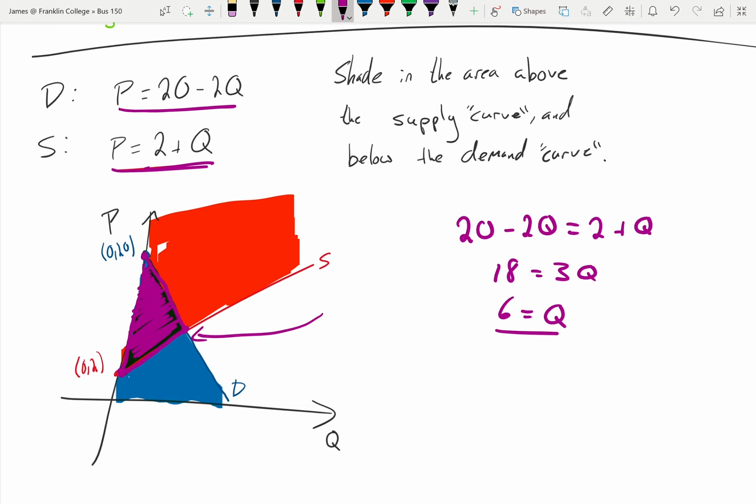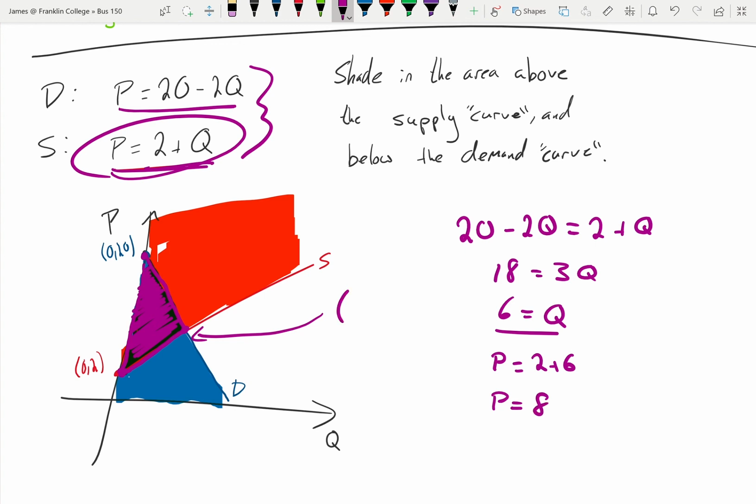We're going to then plug that back into one of these two equations to solve for the P value. This one looks like it's a little bit easier to solve. So at Q equals 6, we know that P equals 2 plus 6, or P equals 8. So we know that the intersection of our supply and demand equation is the point (6, 8).